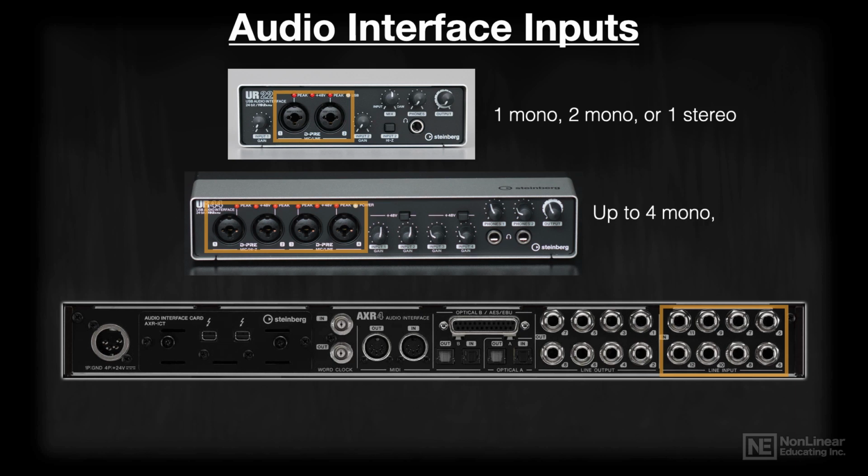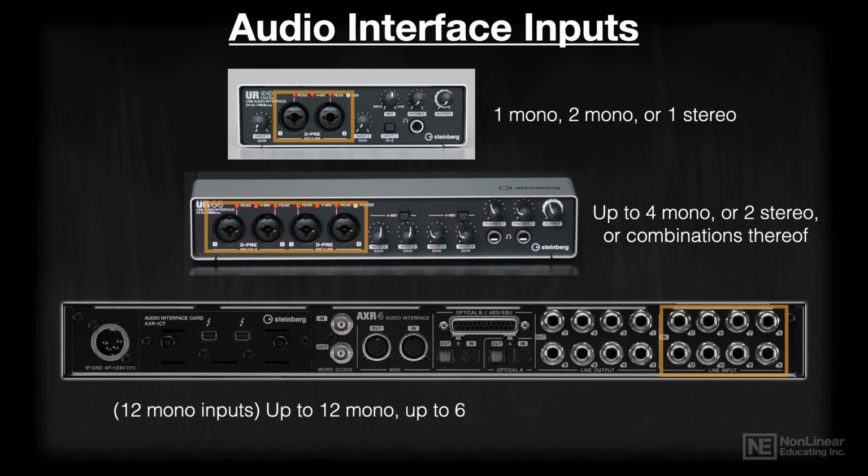With more inputs, like this interface that has 4 inputs, I could record up to 4 mono discrete tracks simultaneously, or 2 stereo tracks simultaneously, or combinations thereof. And on a big audio interface like this one, I could record up to 12 mono tracks or 6 stereo tracks all simultaneously, or combinations thereof. For example, 2 mono tracks using 2 mono sources, and then maybe 3 stereo sources from 3 stereo devices.